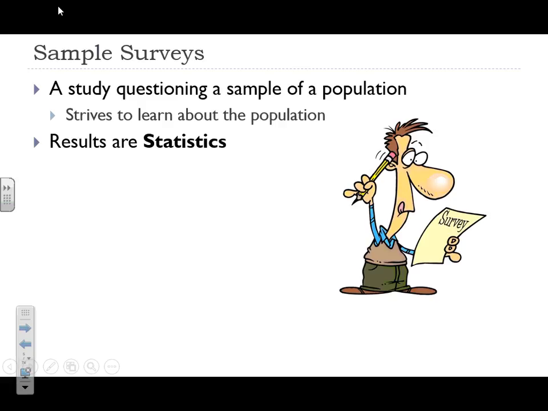So, when we run our sample surveys, if we collect a sample and we calculate some value based on that sample, we are calculating a statistic. So this is extremely important. A statistic is a value calculated from a sample.